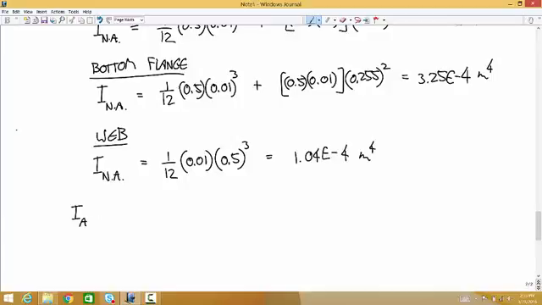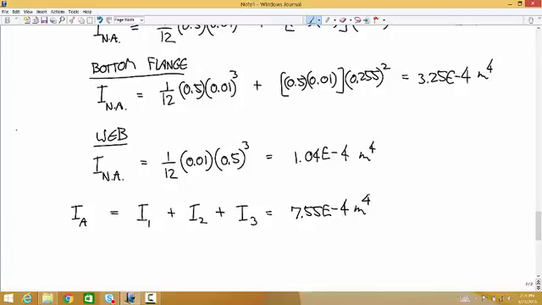So the total area moment of inertia is, you can think of it as I1 plus I2 plus I3, and you get 7.55 times 10 to the minus fourth. Yep. It doesn't really make sense because you think the one with the web in the center would have a bigger moment than the two outside ones, right?